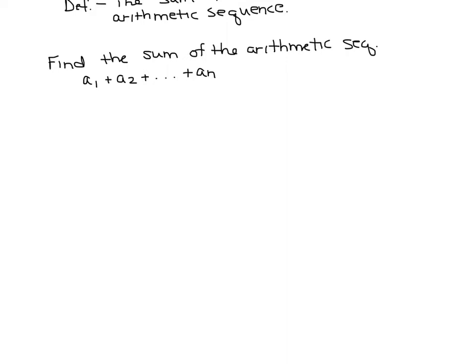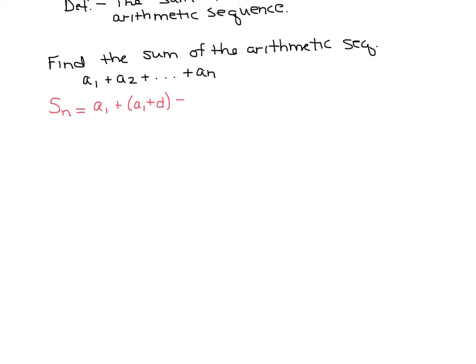Okay, I'm going to write this out in expanded form. I'm going to say S sub n. And rather than writing it as a sub 1 plus a sub 2, I'm going to use what we learned yesterday. A sub 1 stays as a sub 1. A sub 2 is the same as a sub 1 plus d.